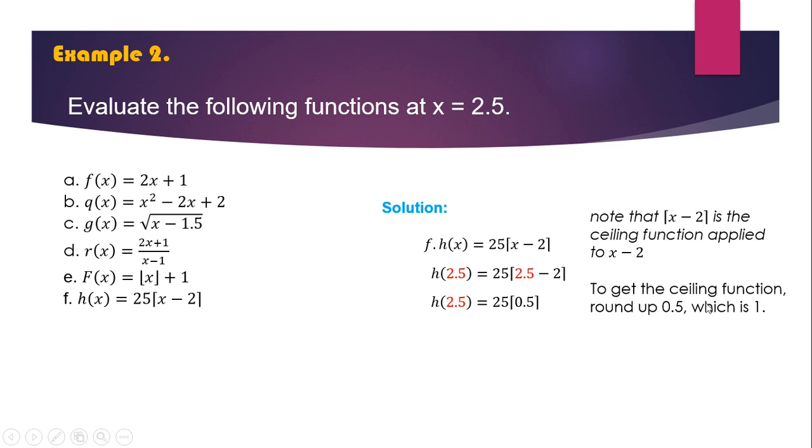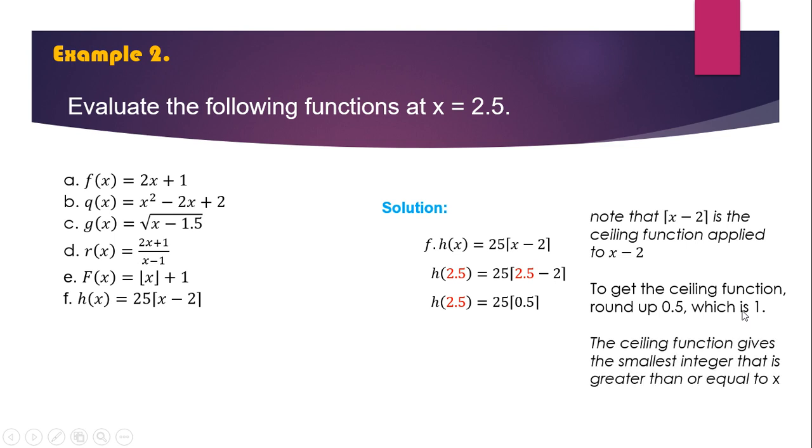So to get the ceiling function, round up 0.5. So a while ago, we get the floor function, we round down. Here, we're going to get the ceiling function, we're going to round up. So round up 0.5, which is 1. Because the ceiling function gives the smallest integer that is greater than or equal to x.